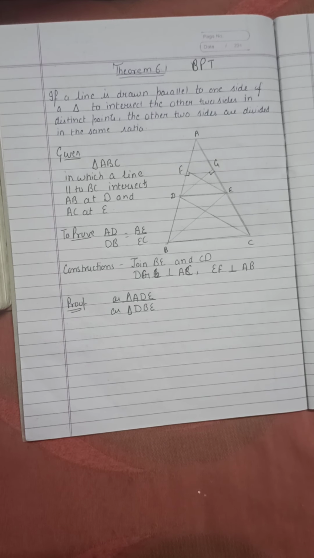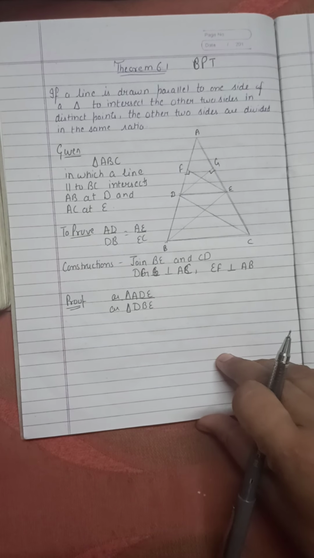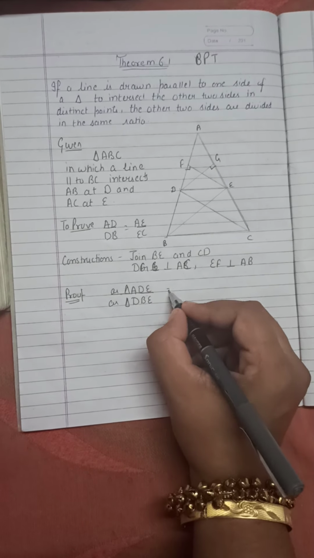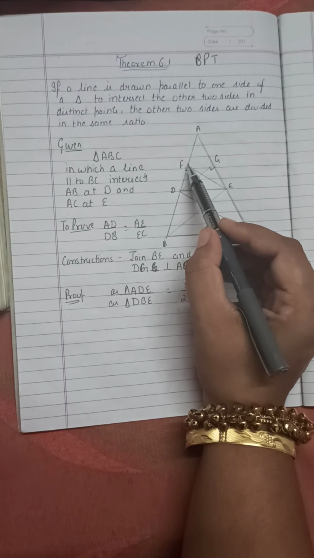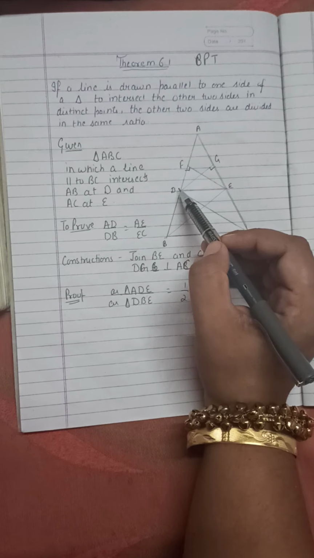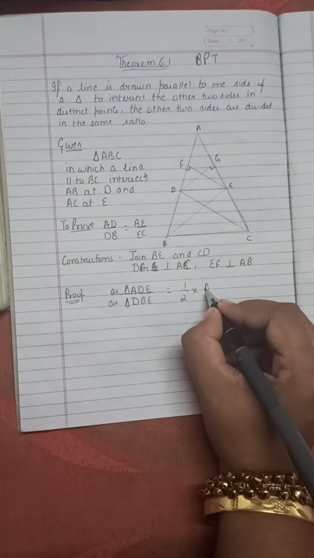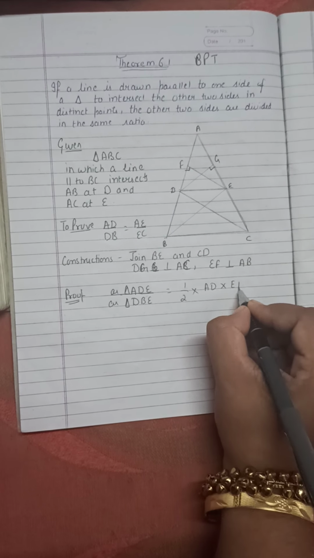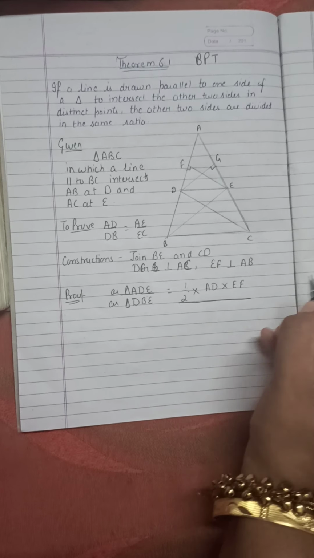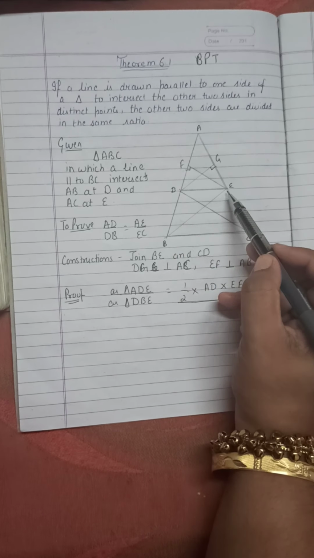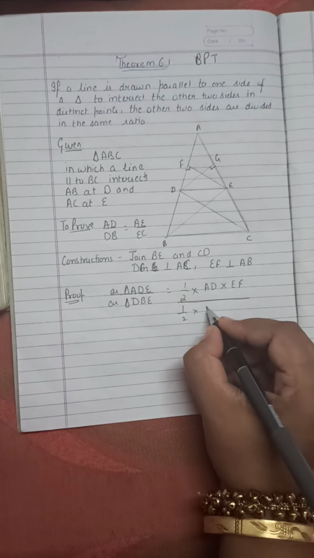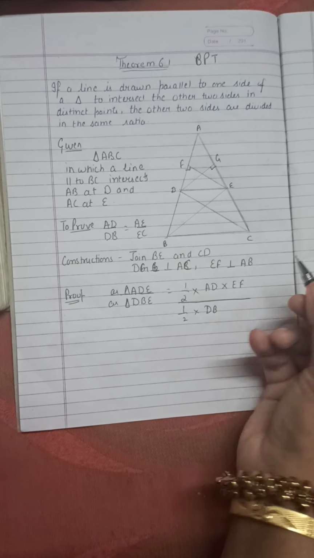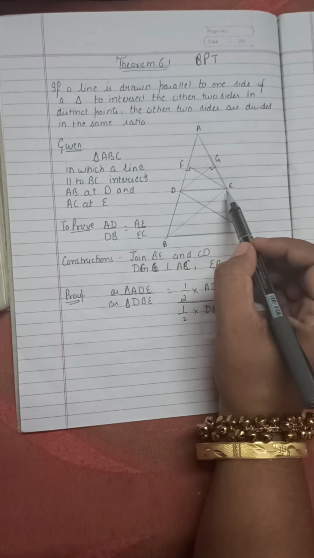So what is the area? Area is half into base into corresponding altitude. Half into base: if you are taking EF as the altitude, then AD will be the base. So AD multiplied by EF. Similarly, in triangle DBE, half, if I am taking DB as the base, what will be the perpendicular in this triangle?